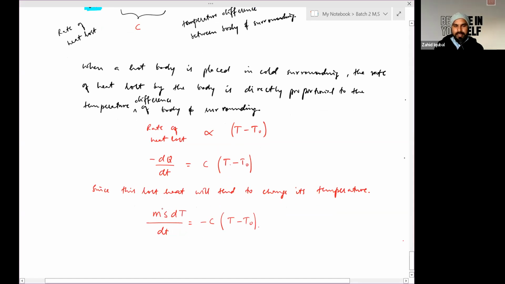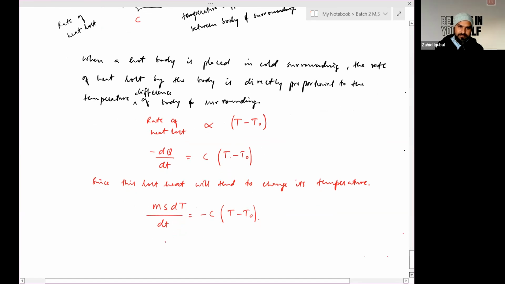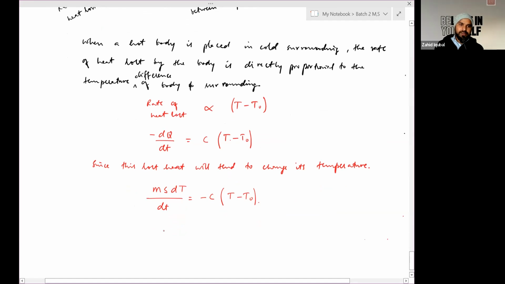Move m and s to the right side and the same quantity to one side. So you'll get dT divided by (T minus T naught) having the same term, C divided by m s, constant part, and you're left with this much.